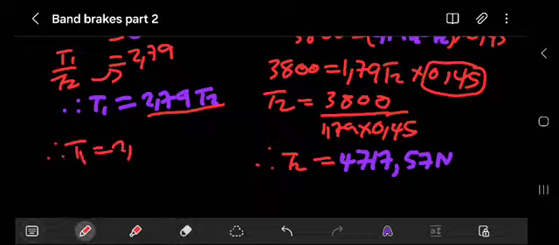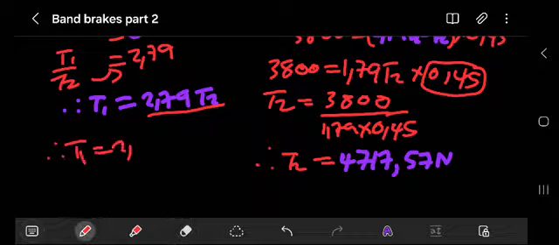That is why we calculated T1 and T2. We wanted to know these values. Now it's nice because we know T1 and T2. Then we can take moments in the clockwise direction, when the beam is rotating clockwise.